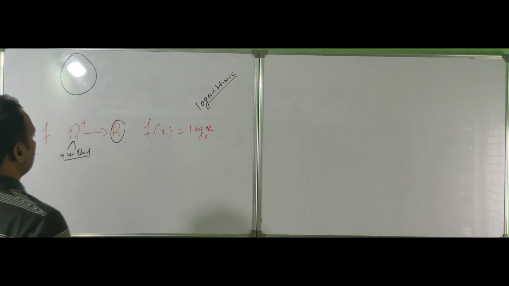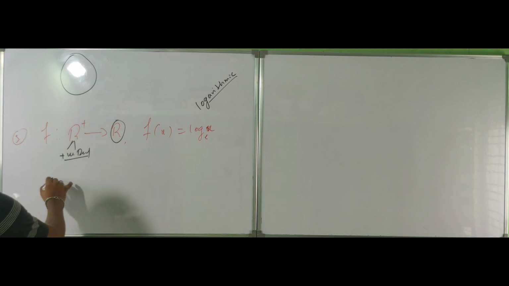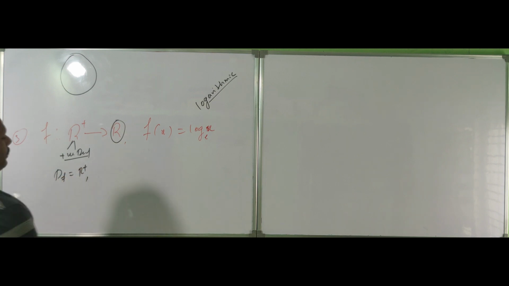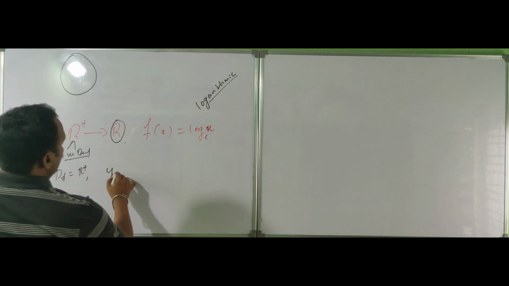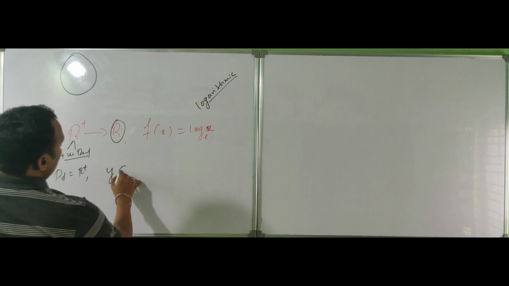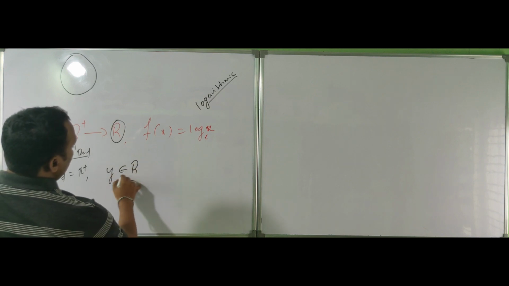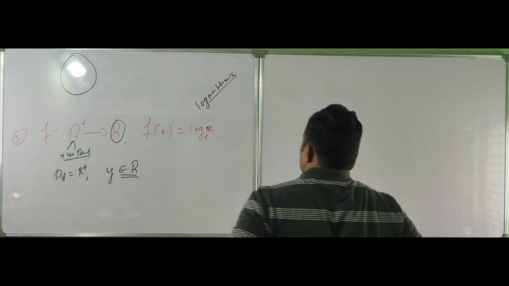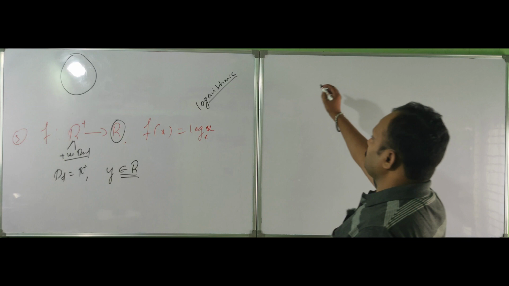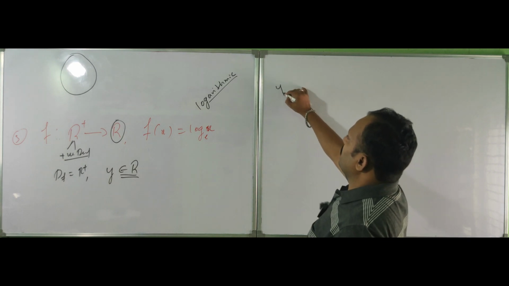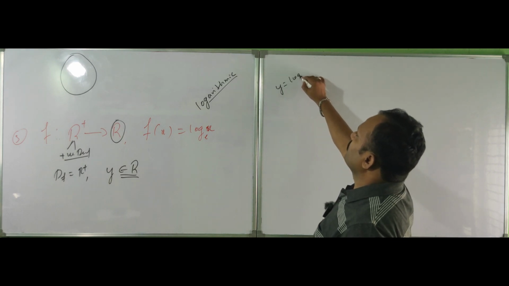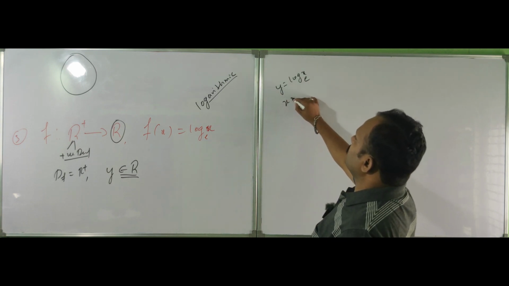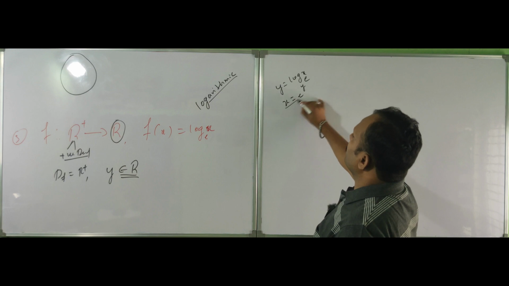Here, domain of f is equal to R plus, and range belongs to R only. We can take any values of x. Here, y is equal to log of x to the base e, and this becomes x is equal to e to the power y.